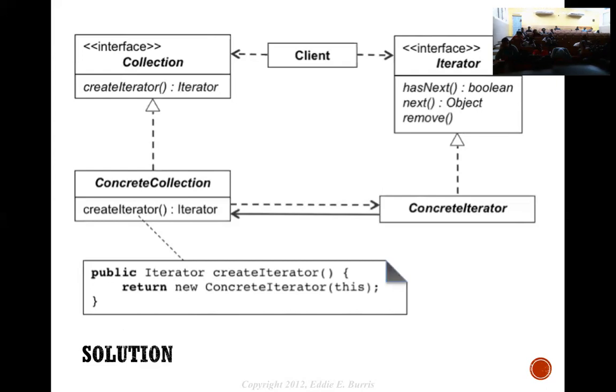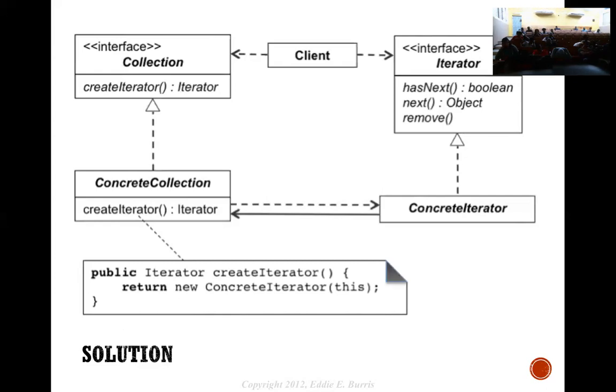And then the concrete iterator has a concrete collection inside of it. And that concrete collection realizes the collection interface. Now the next thing is, if you look at the create iterator function, it will return an iterator, right?